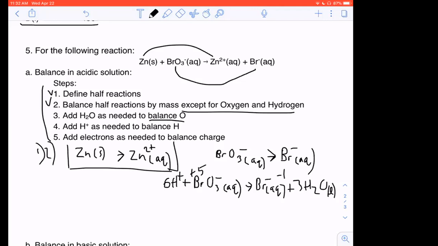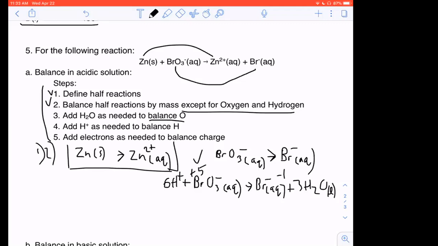What we have to do then is add electrons to the more positive side to make the two charges equal each other. In this case, the more positive side is the reactants. So in order to make this equal -1, we basically have to do the math of 5 minus how many electrons equals -1. In that case, it's 6 electrons.